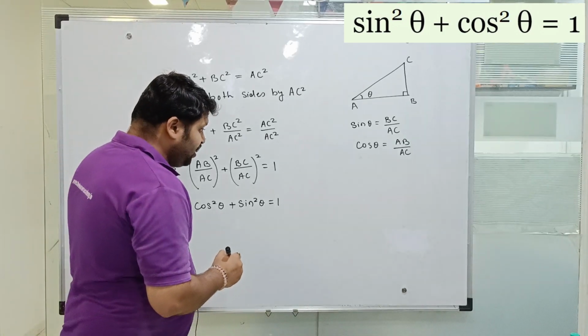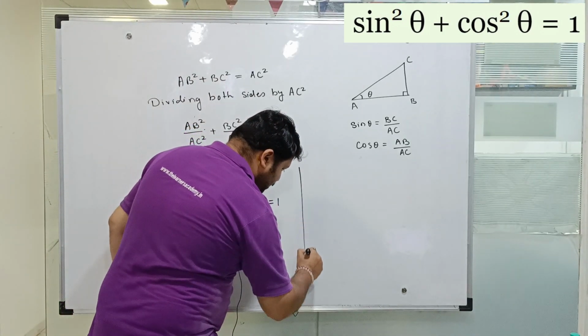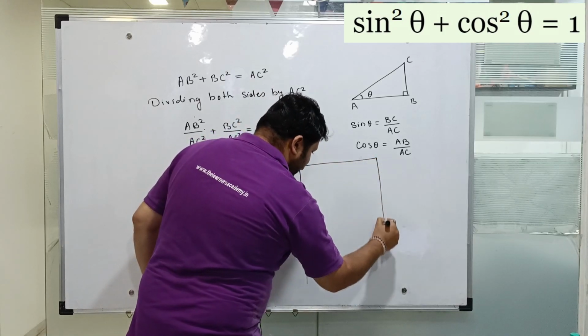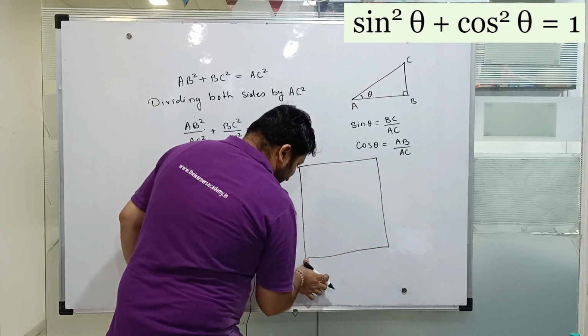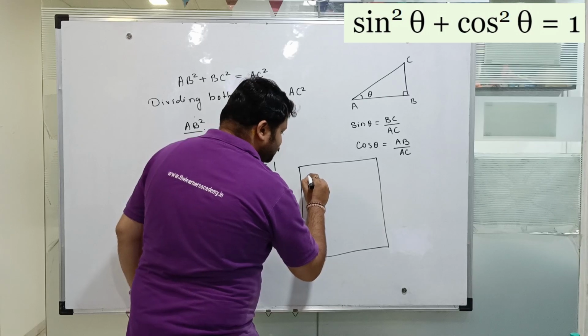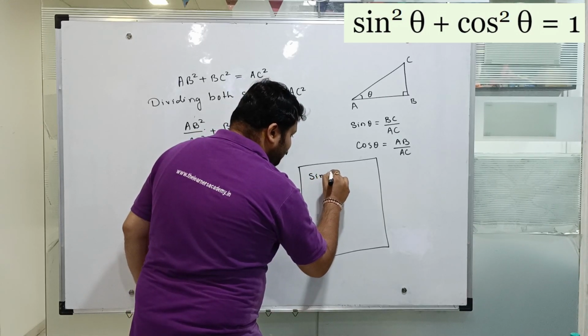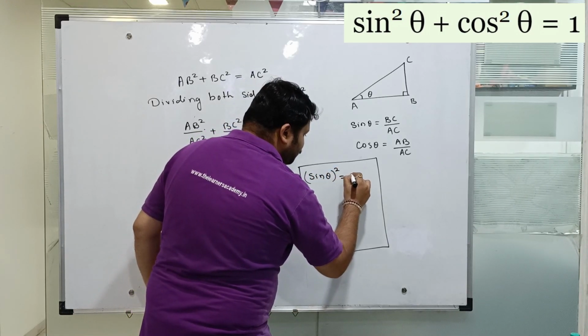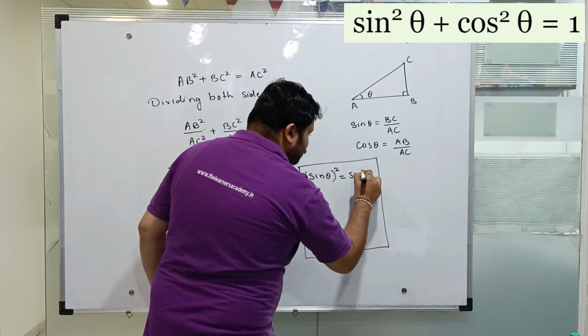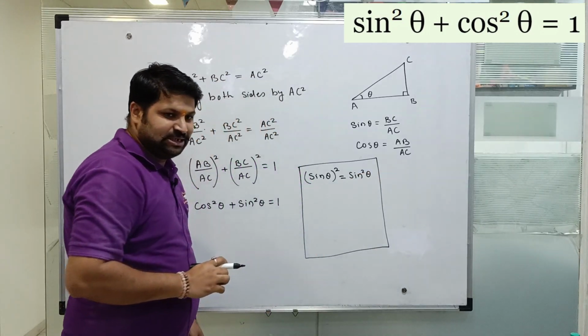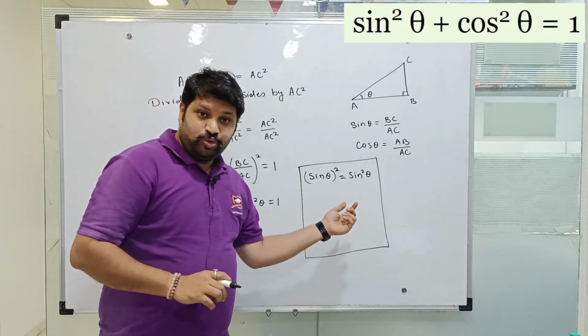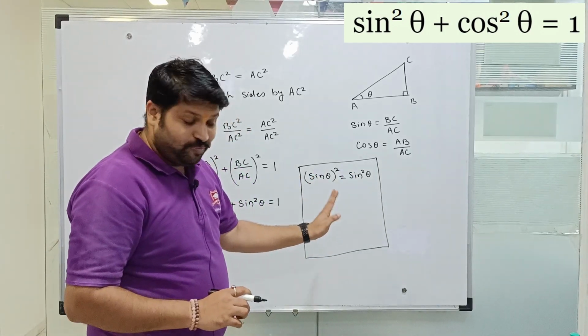So if I have sine theta square, it would be written as sine square theta. Why do we do it? It is something very important to understand.